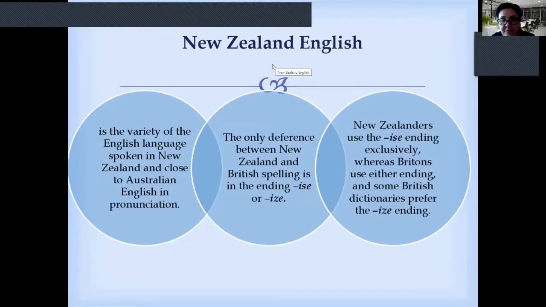The only difference between New Zealand and British spelling is the endings, the difference between S and Z. So New Zealanders use the ISE ending. In English, you can consult some English dictionaries where IZE is used in the endings.